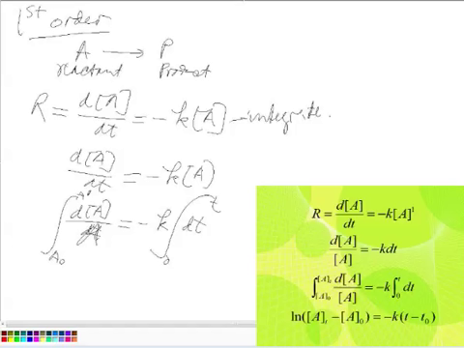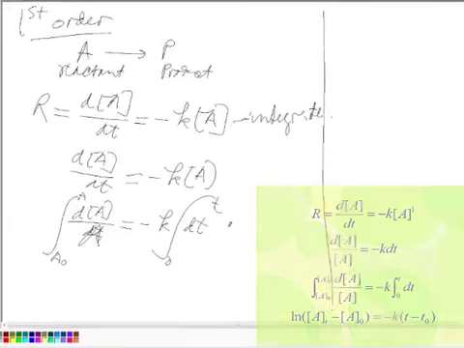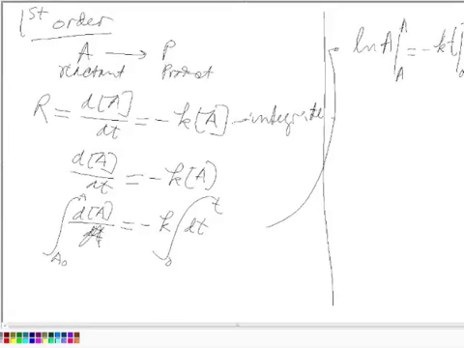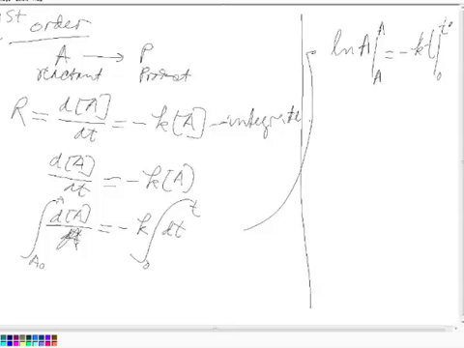This is the mathematical solution. From this equation we get ln A from A0 to A is equal to minus kt from 0 to t. That can be written as ln(A/A0) equals minus kt.